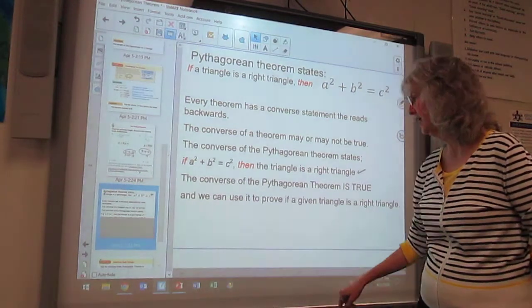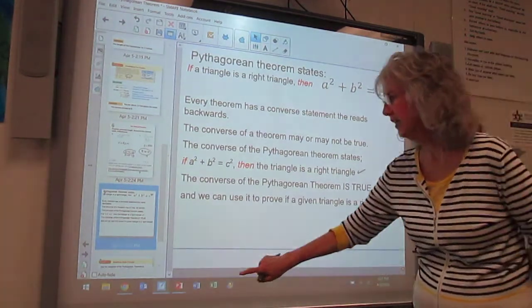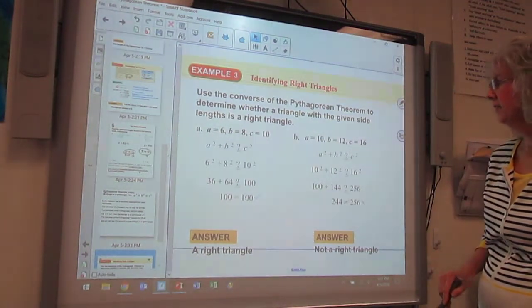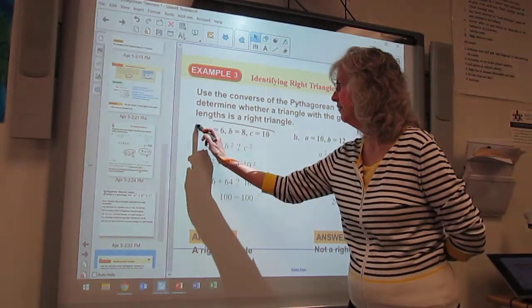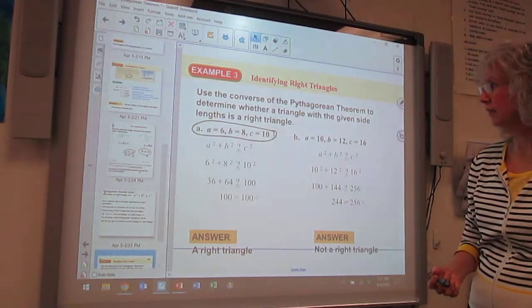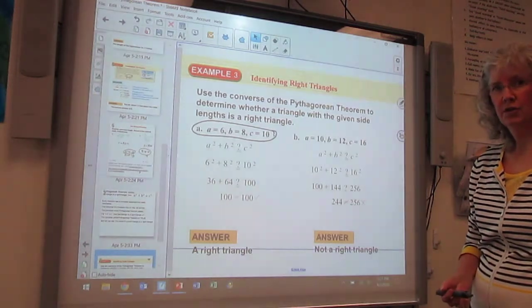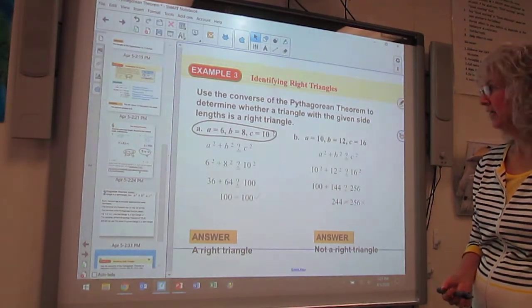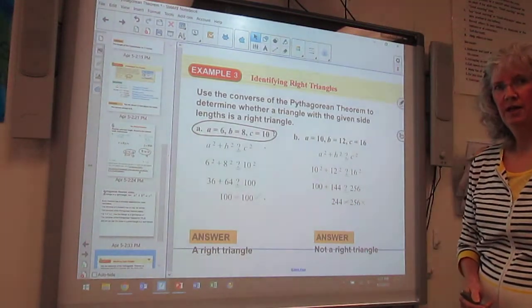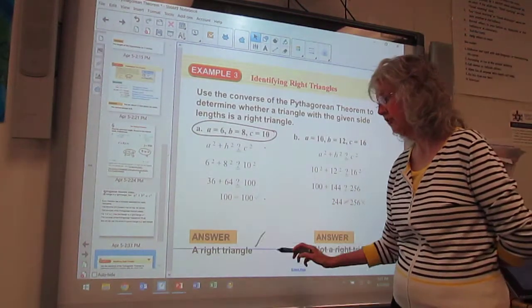So we can use that to prove if a triangle is a right triangle. So let's look at two cases. We have given a triangle with sides 6, 8, 10. Is it a right triangle? Well, we're going to use the converse of the Pythagorean theorem. We're going to plug it in. If it comes out true, then we're going to draw the conclusion that yes, in fact, it is a right triangle.